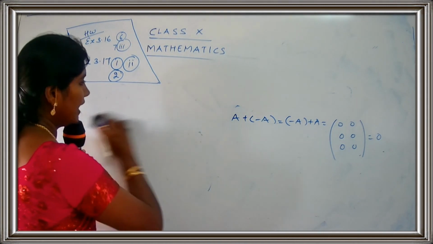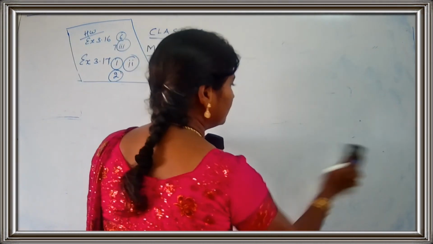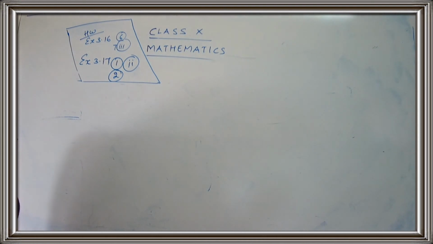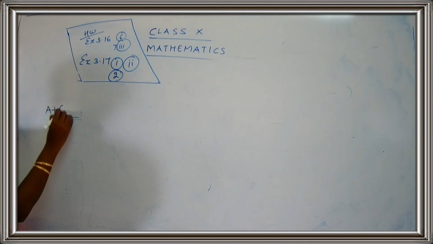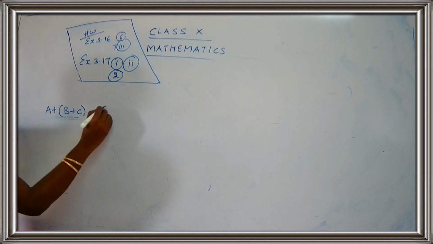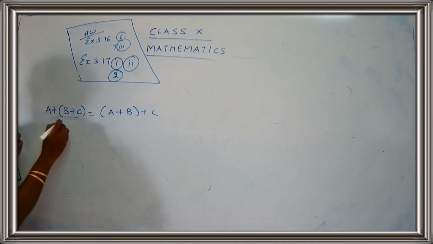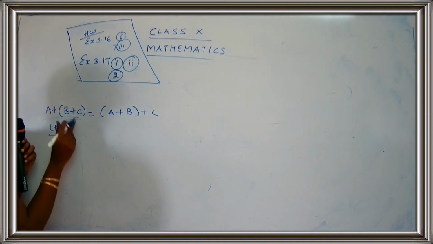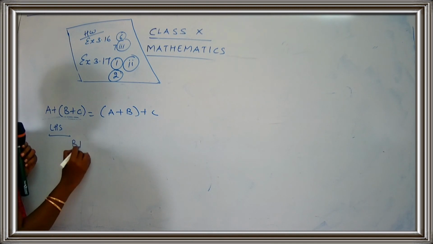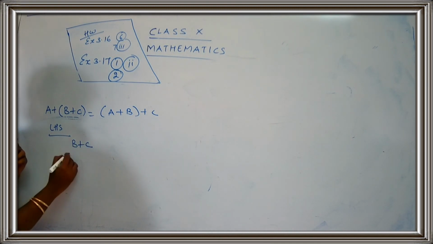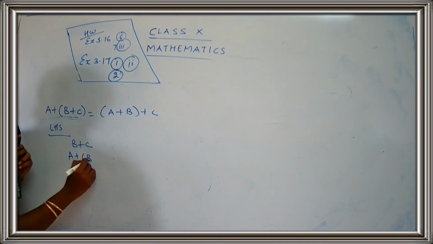Let me give you an idea for the second sum. Second question. It's very easy. What is the thing you have to prove? It's 3 matrices: (A + B) + C = A + (B + C). So first you have to take the LHS. First you have to find B plus C. Then add matrix A to it.